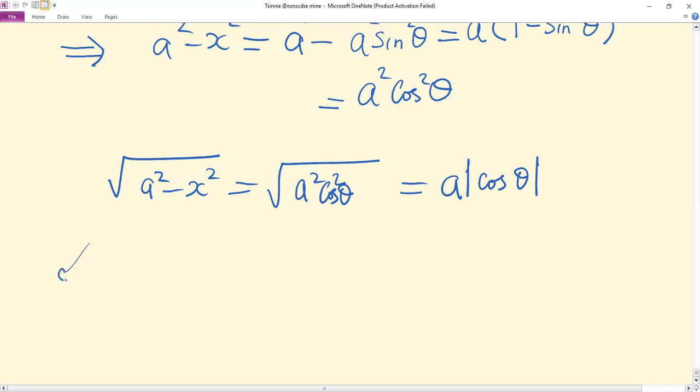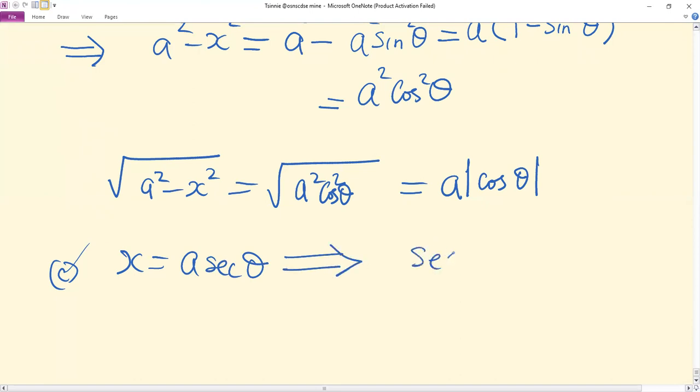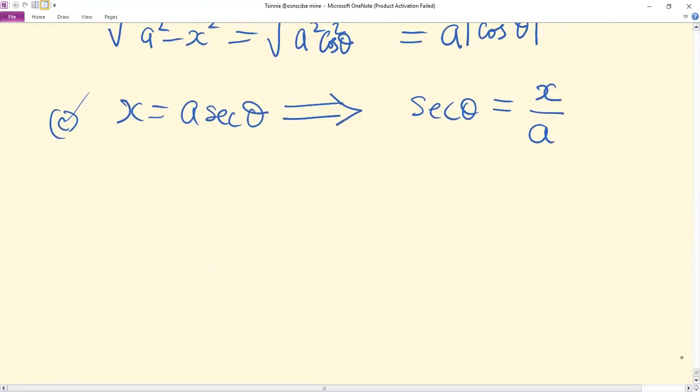And then case C, with x equals a sec theta as the substitution, is the same as saying sec theta is x over a. And don't forget that sec means 1 over cosine. So when you draw a right angle triangle, put theta here.